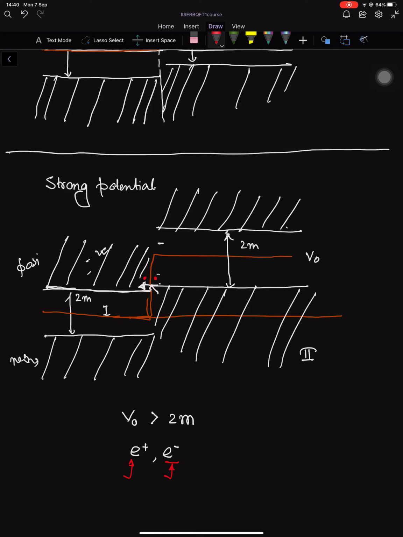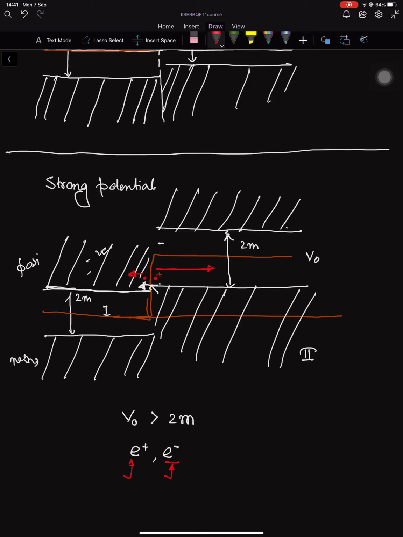And the antiparticle, which is positive, travels in this direction. And the particle, which has negative charge, travels in this direction. And as a result, since the potential creates pairs of particles in this regime, even if you send an incident wave, on top of the incident wave there will be a new contribution because there are particle creations.